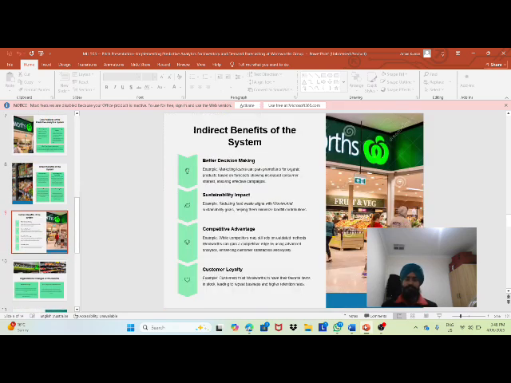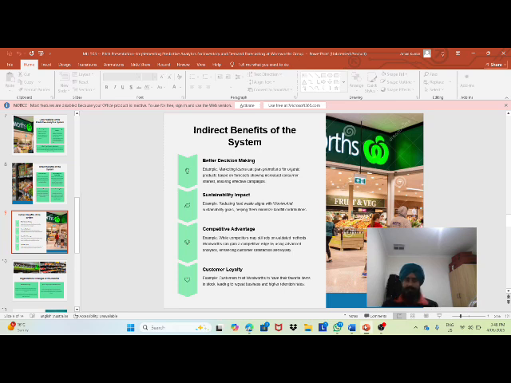And next, there are also some indirect benefits of this system. Better decision making is very important in any company, because a business mainly depends upon good decision making. For example, marketing teams can plan promotions for organic products based on forecasts showing increased customer interest, ensuring effective campaigns.